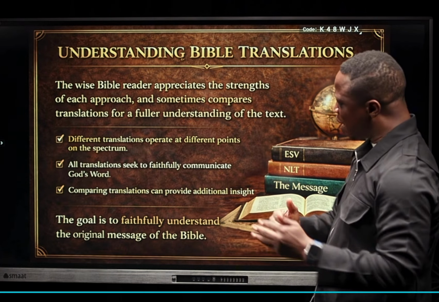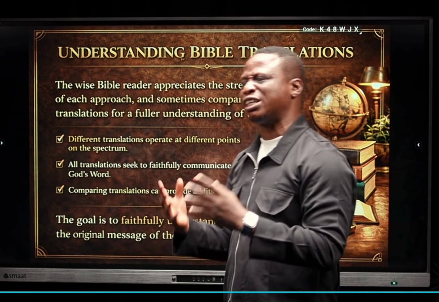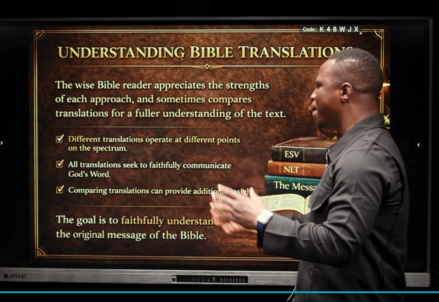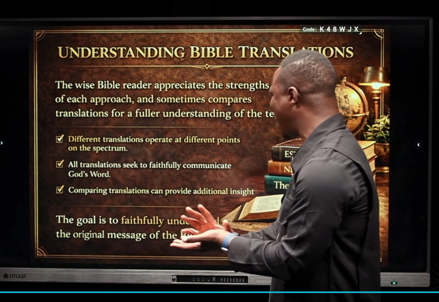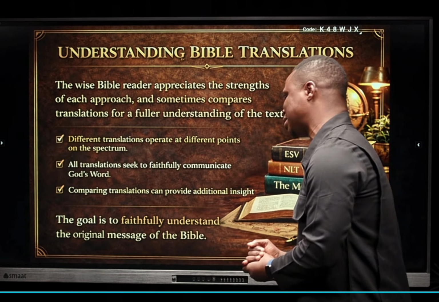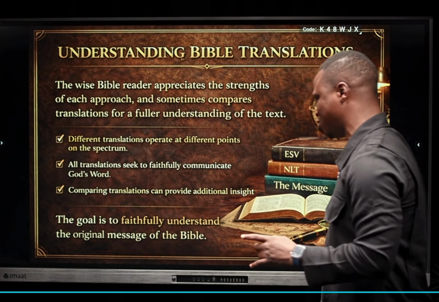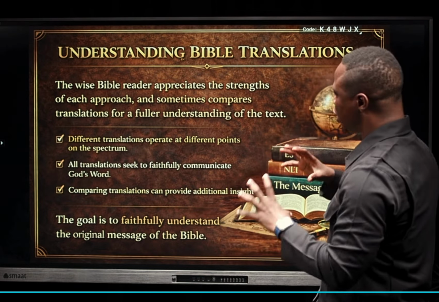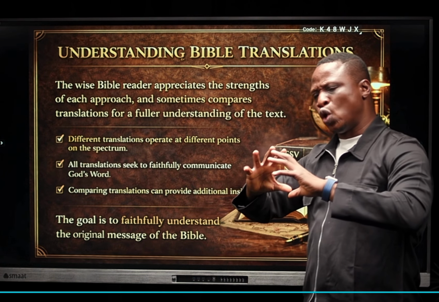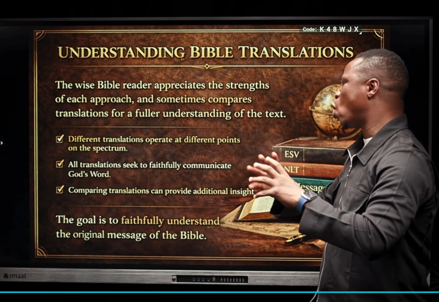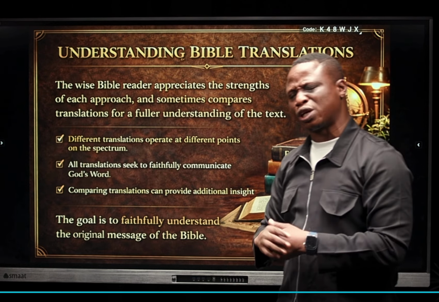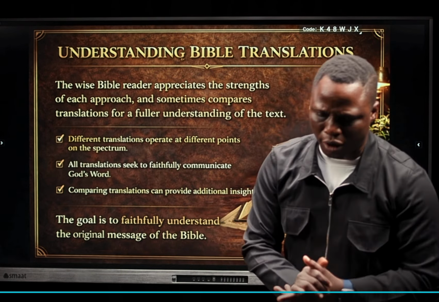None of them is trying to make us not understand God's word. Comparing translations can provide additional insight. So what do I say? The goal is to faithfully understand the original message. It's good sometimes to compare translations so that you can become a better student of God's word.